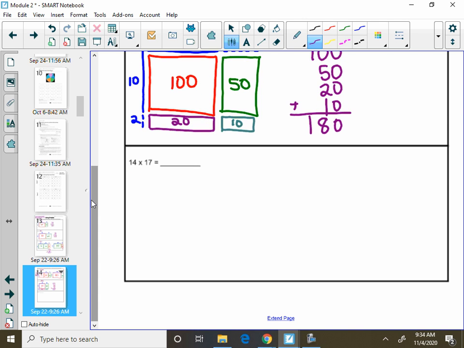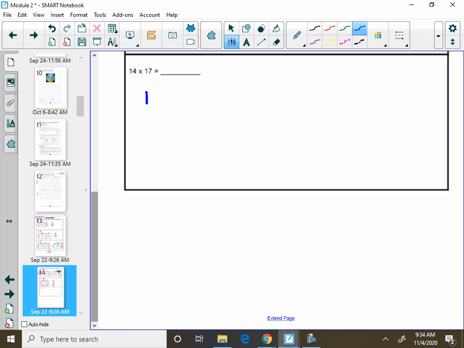All right, 14 times 17. Here we go. 14 on the side, and 17 across the top.